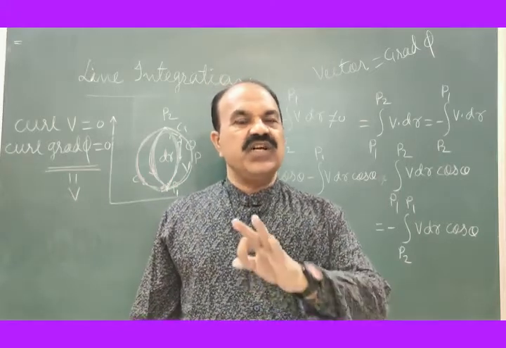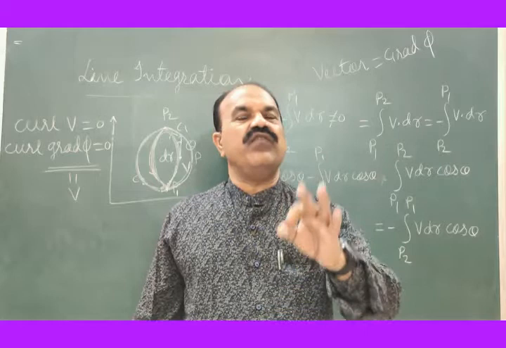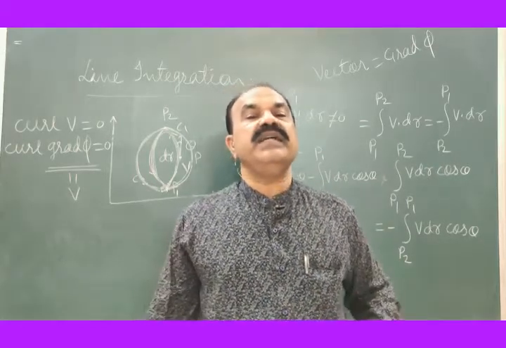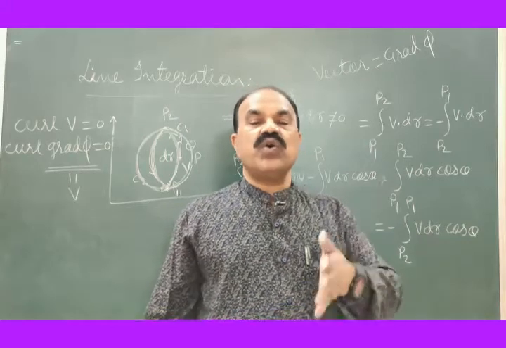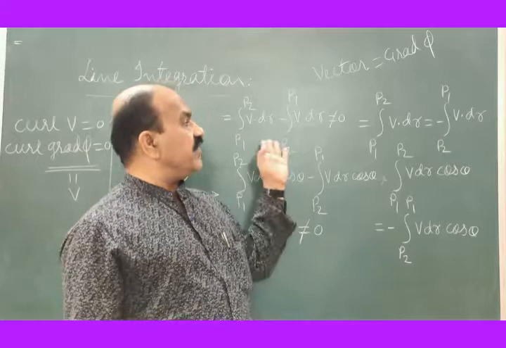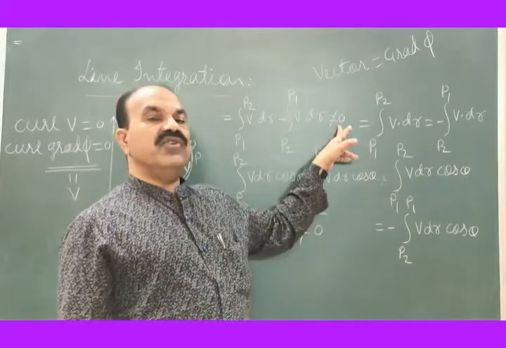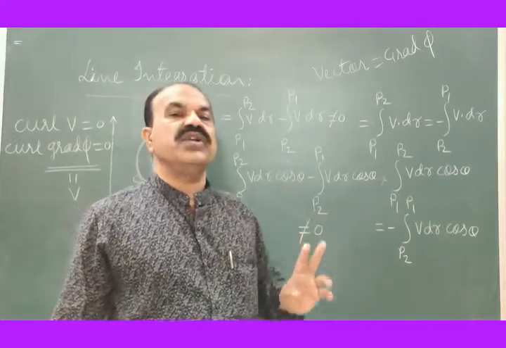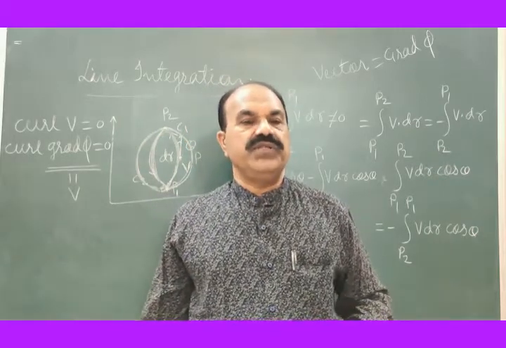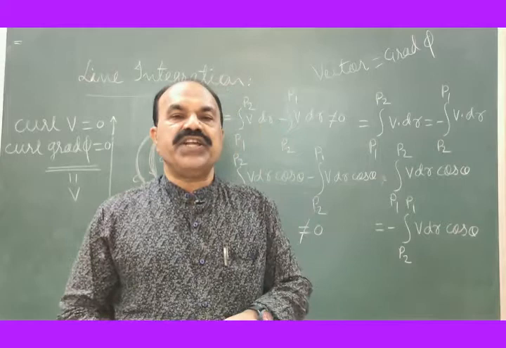Magnetic field is not a central force field, and therefore the magnetic field may be taken as a non-conservative vector field, and for a non-conservative vector field this is not equal to 0. This is about the line integration.